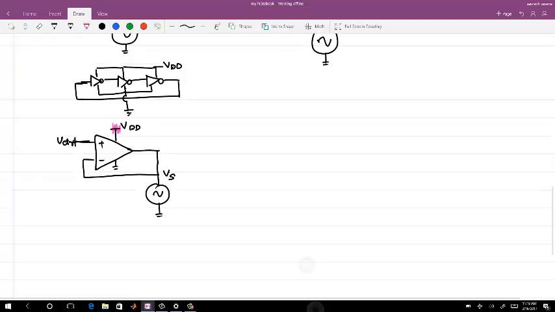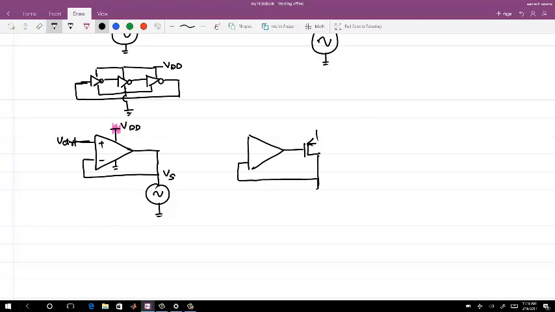So we went ahead and said, in place of having all the current coming from the amplifier, I will have a pass transistor, VDD, and V control.